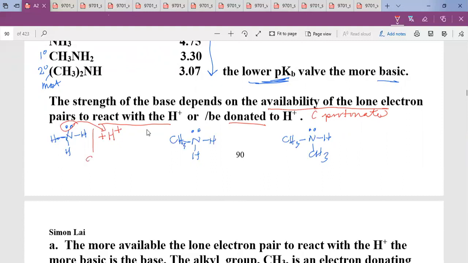Of course, to form what? NH4 positive. Same thing here. This one will be donated to the H plus. So how easy is it for the lone pair here to be donated to the H plus?